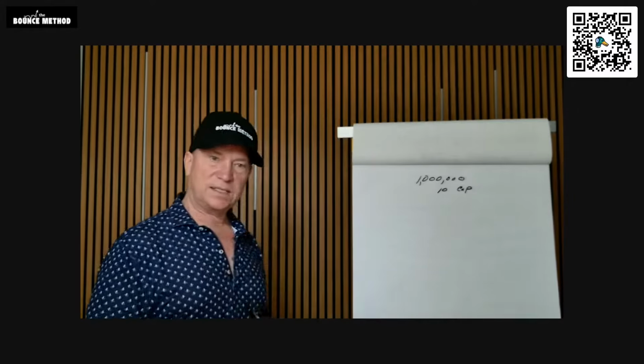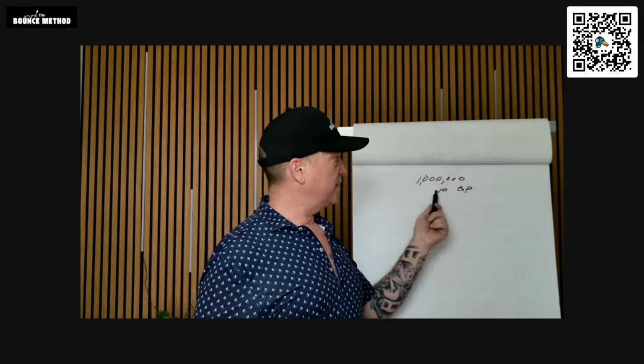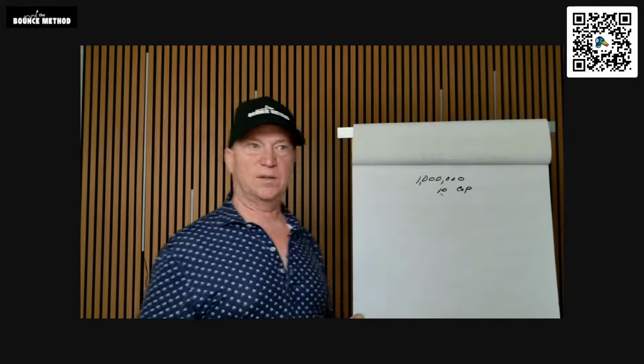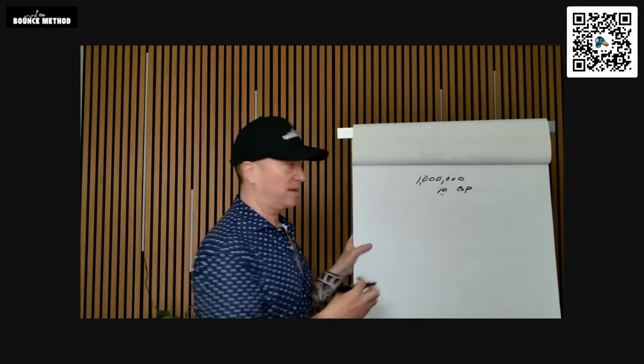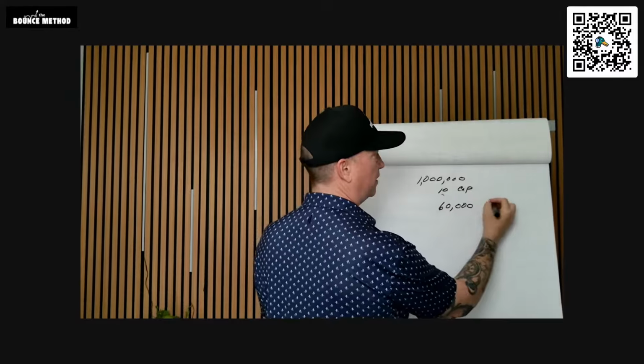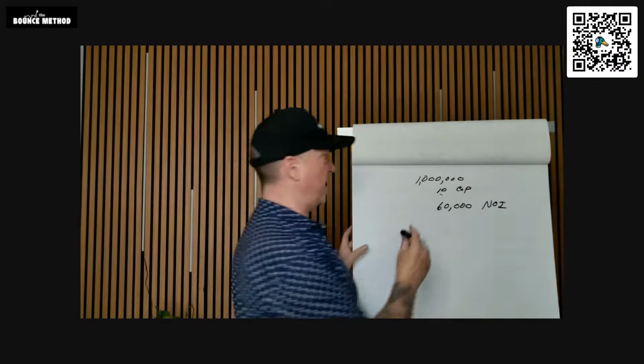Now let's try to think a little bit outside the box here, and we're going to switch this over to the 6 cap that we use sometimes in the bounce method. So if we would have actually had a 6 cap instead of a 10 cap on this, can anybody guess what it would have been? We would have actually had a $60,000 net operating income. Okay. So we're using a 6 cap in this instance.